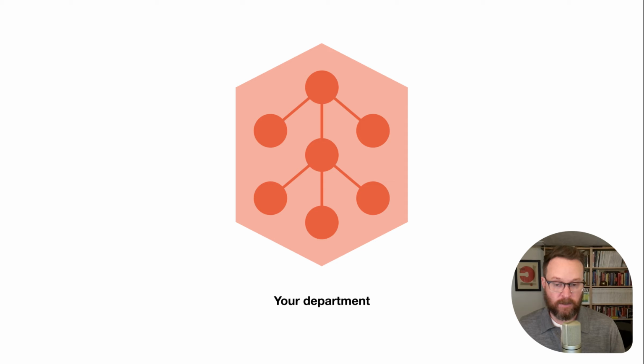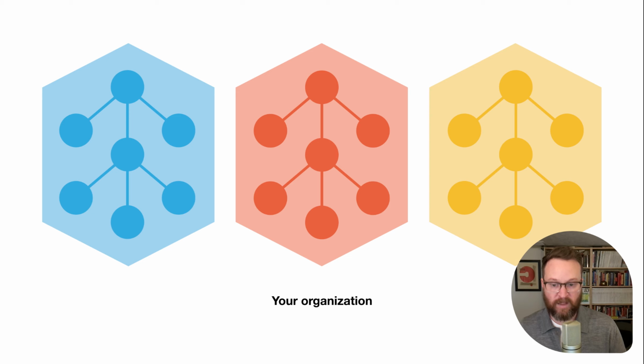But your team is also part of a department, which is made up of lots of teams. And departments are their own system and have their own processes, culture, language, etc. Finally, your organization is made up of probably more than one department, usually at least 2 or 3.